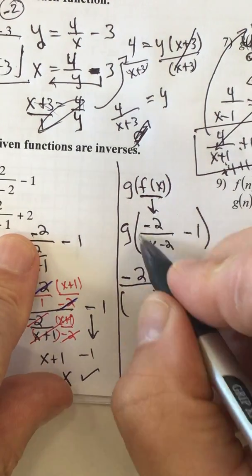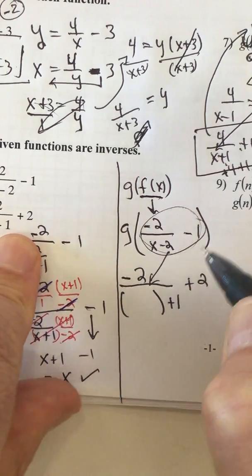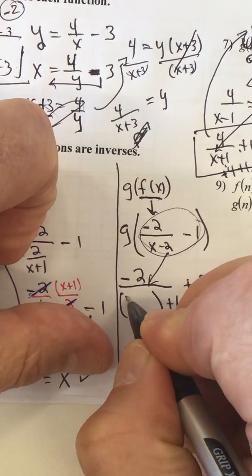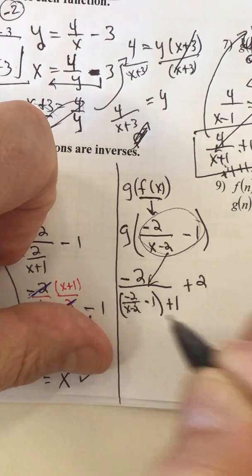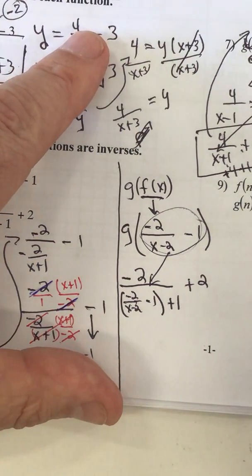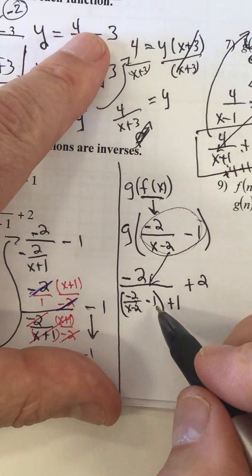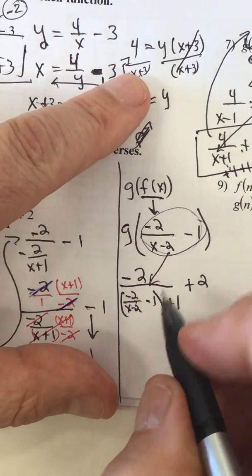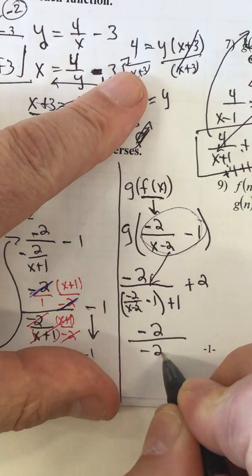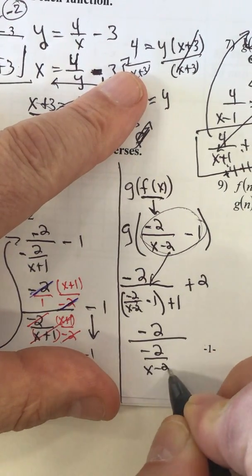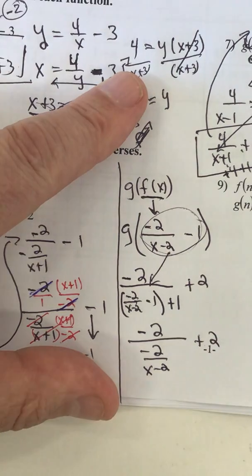And now this goes in the blank. So the -2 over x minus 2 minus 1 goes in there. Okay, on the bottom, there's a minus 1 plus 1, so those add up to 0. So now I've got negative 2 over x minus 2 plus 2.